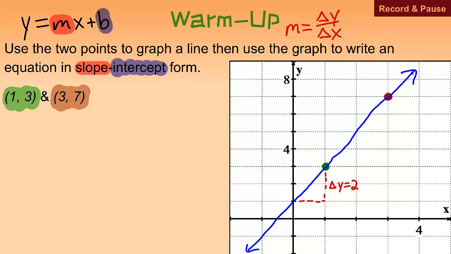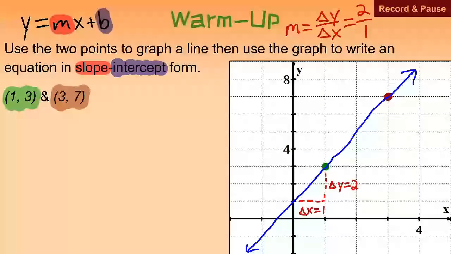My delta x from this point going to the right up to that point is the change in x. We go to the right 1, so the delta x is a positive 1. So my slope is delta y over delta x, 2 over 1.